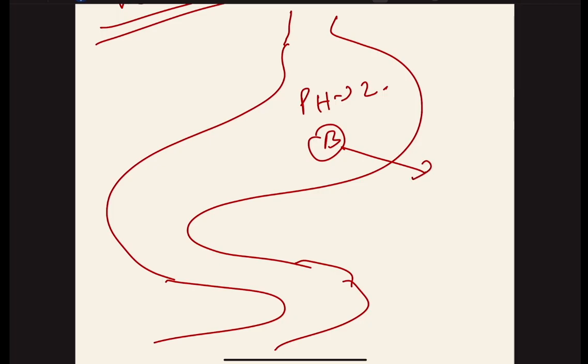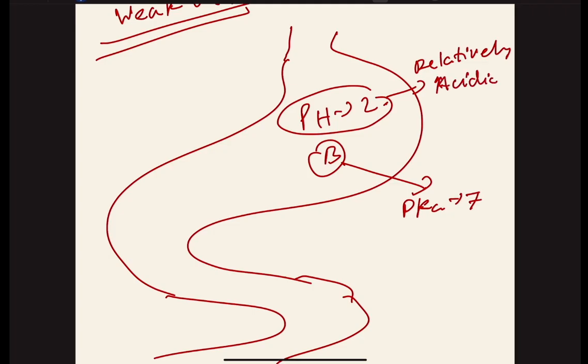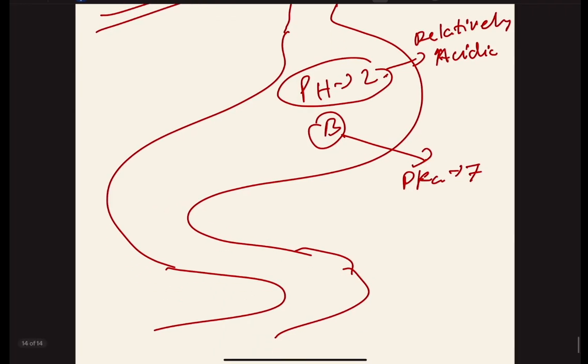Let's assume the pK of the drug is 7. So the environment is relatively acidic, because the pH is less than the pK, and in this environment there will be more and more H plus to be taken by this basic drug.